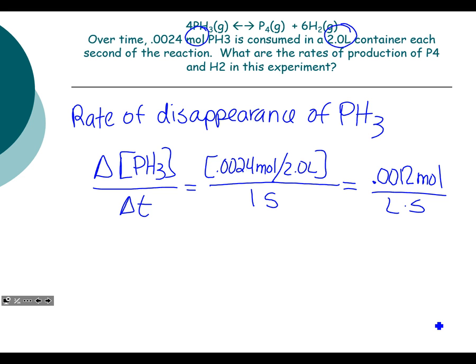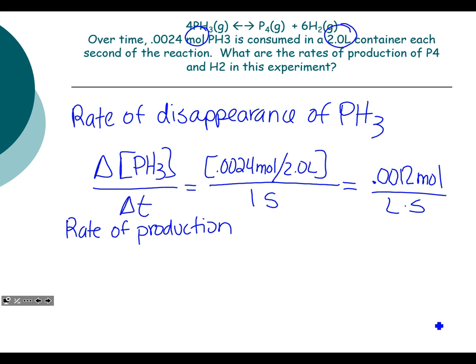And so using those coefficients, we can come up with the rates of production. So let's look at our rate of production for our 2 products.